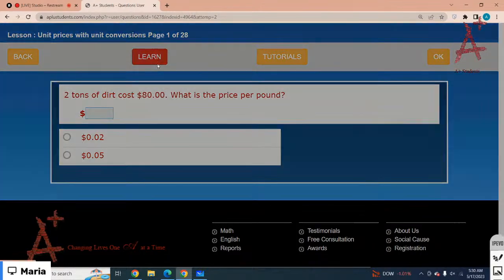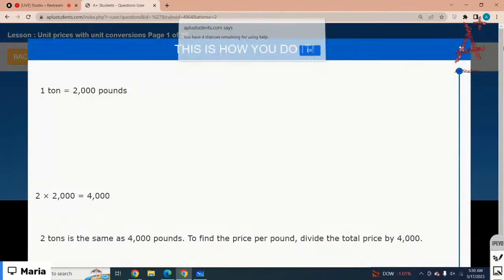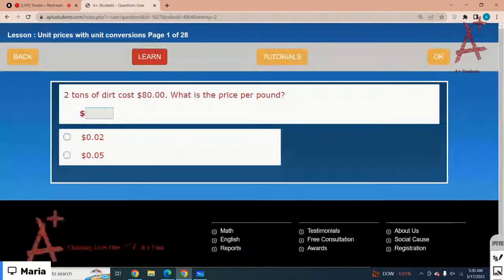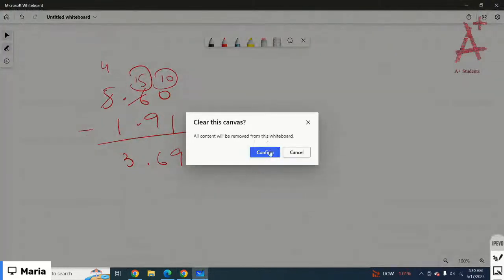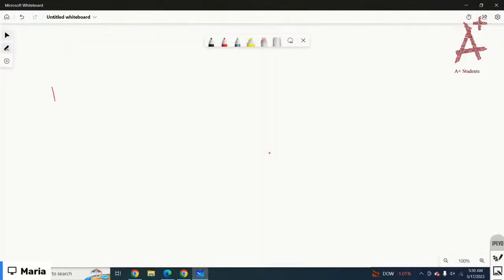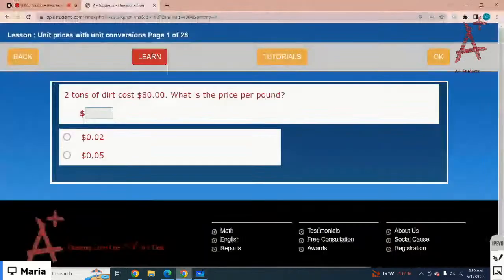Yes, 1 ton equals 2000 pounds, not 200. Got it?